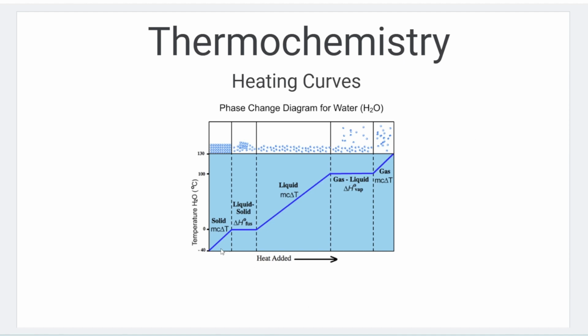So at its solid state, as heat is added, temperature is increased until you reach the freezing point. Then, as heat is added, temperature does not increase, but rather the heat contributes to melting the ice into water. Once the ice is fully melted to water, the water is now in a completely liquid state.